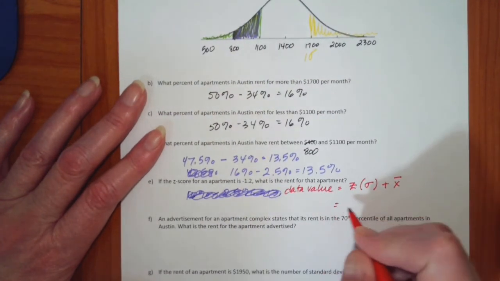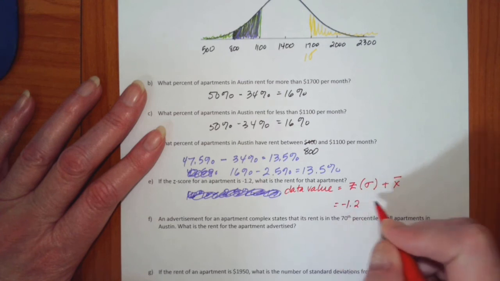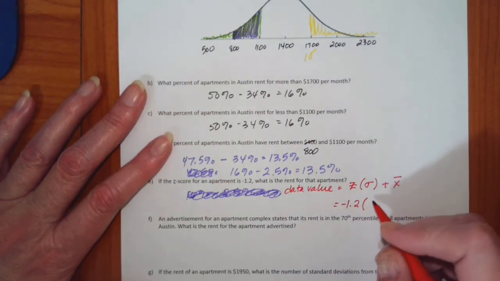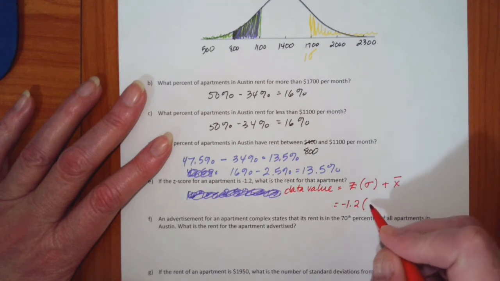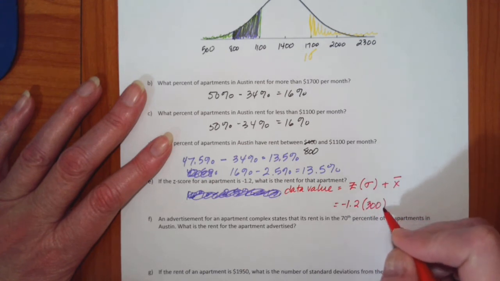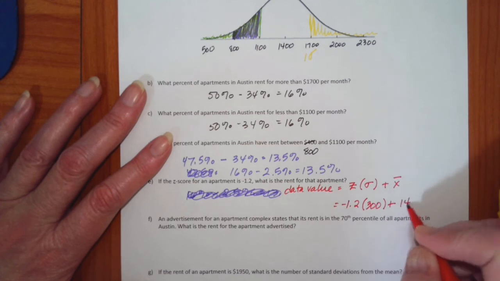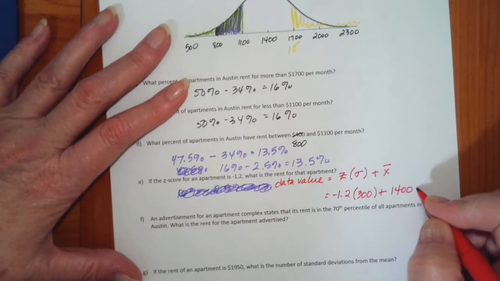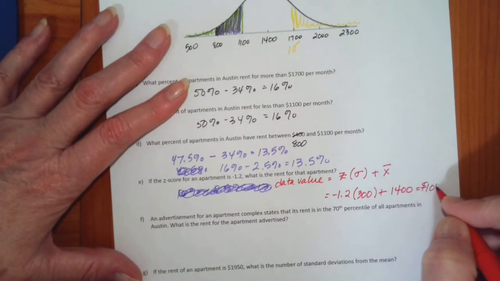So in this situation, it's negative 1.2 times the standard deviation, which is 300, plus 1400. So negative 1.2 times 300 plus 1400. And that gives me the rent of 1,040.